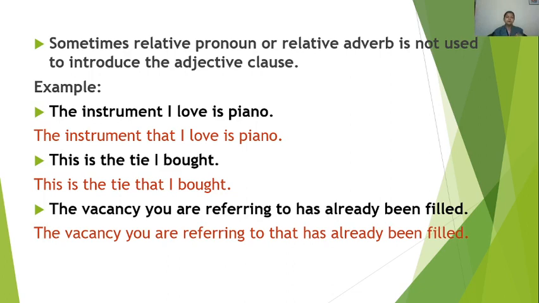But the reason behind omitting "that" is that we find it unnecessary to use. It is not that important to use this relative pronoun in the sentence. That's why it is omitted. If you use it in the sentence while writing, then also you are not wrong.